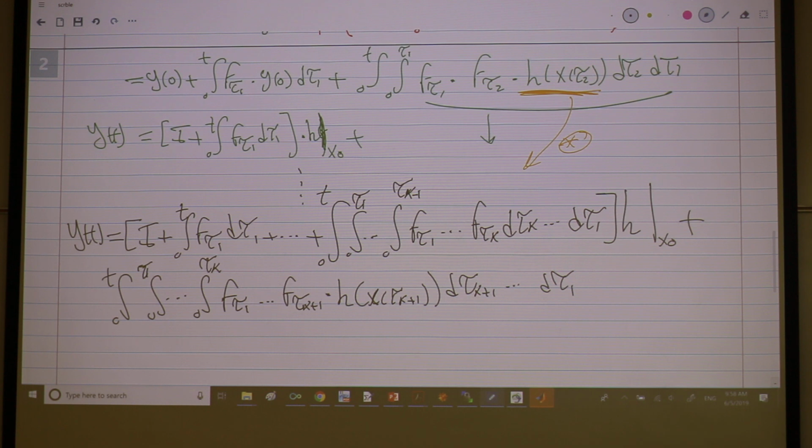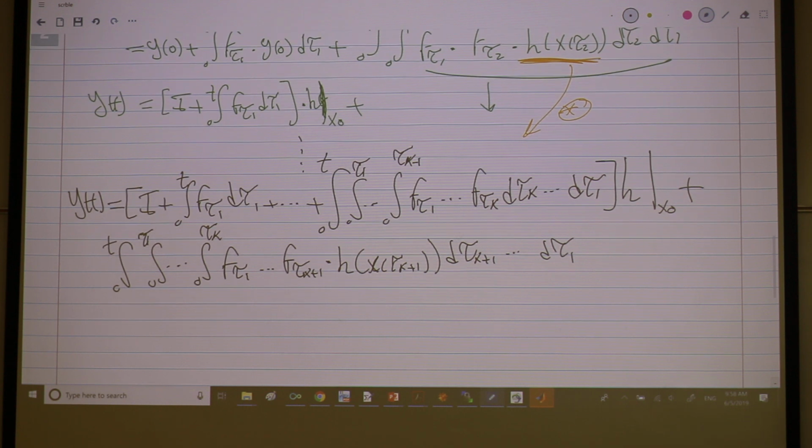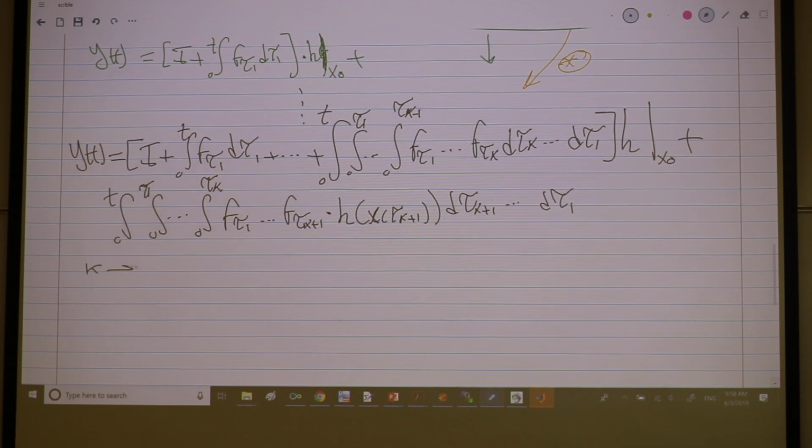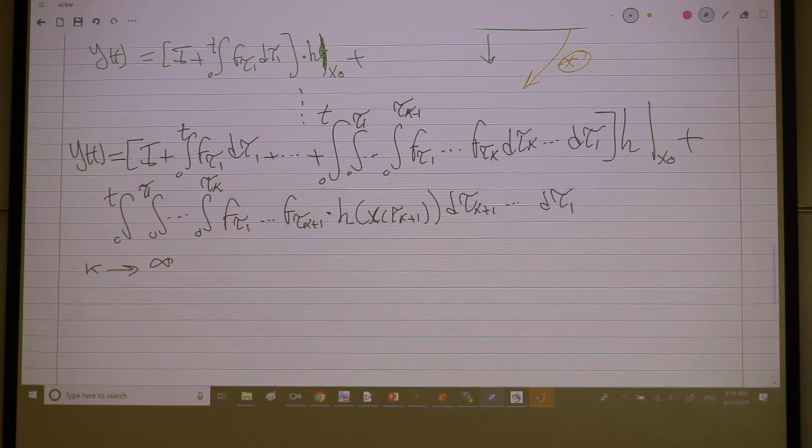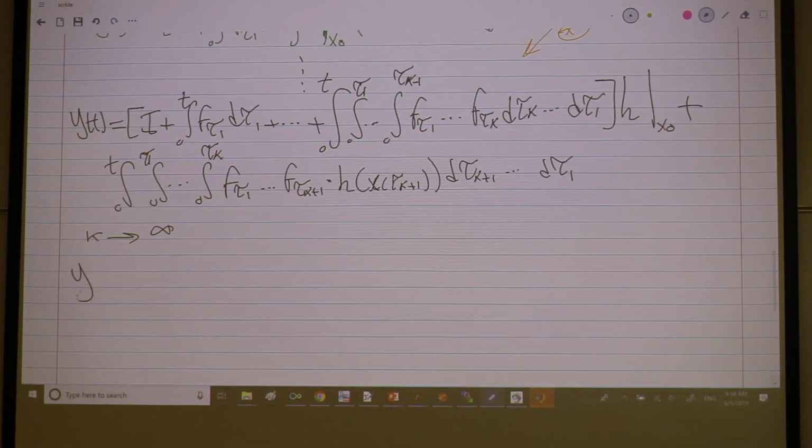Okay? And if you take k to infinity, we will get rid of that term. So y of t can be written as identity plus the summation k equals 1 to infinity of this kth term.